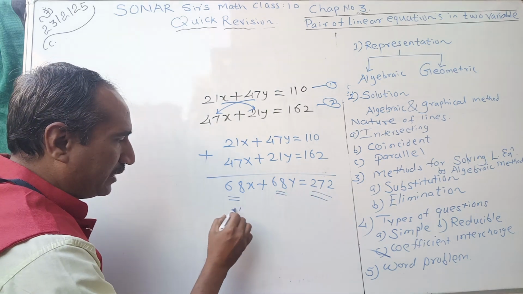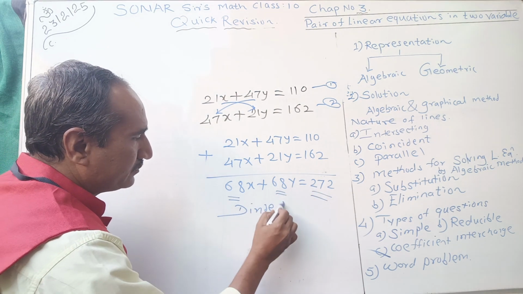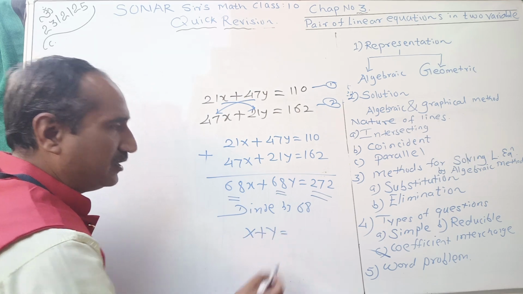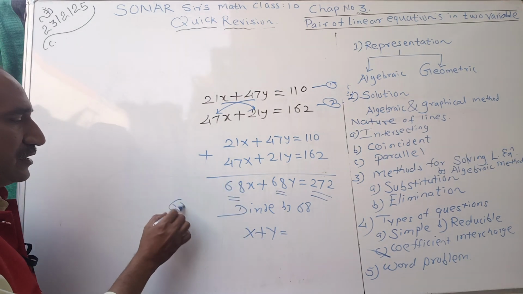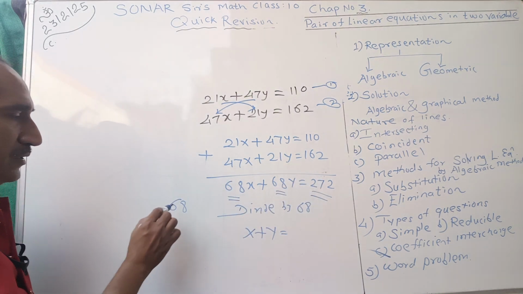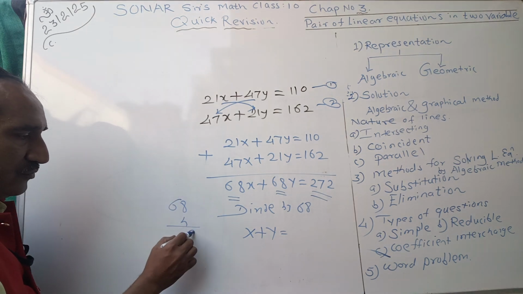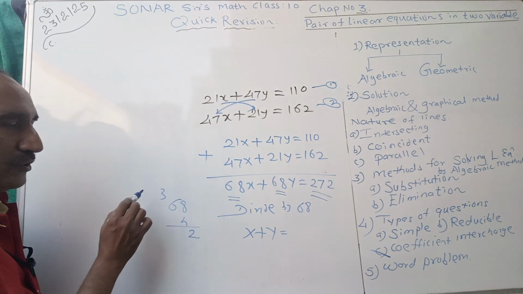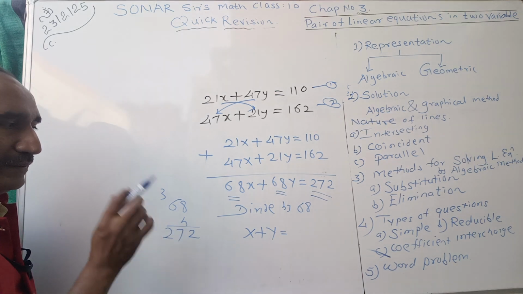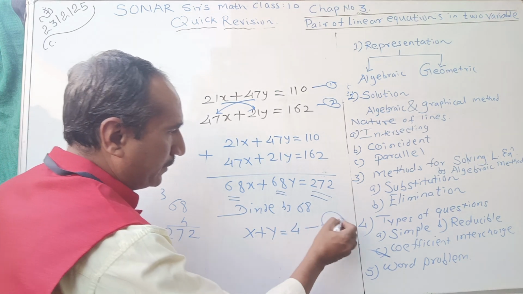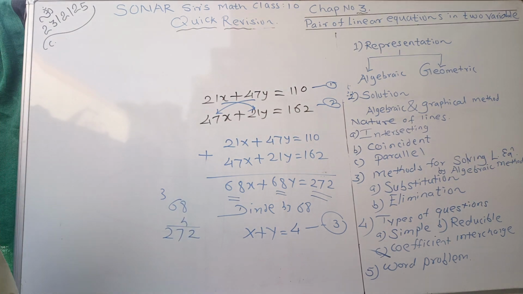So we divide by 68 and get x plus y equals 272 upon 68. 68 fours are 272. This is equation number 3.